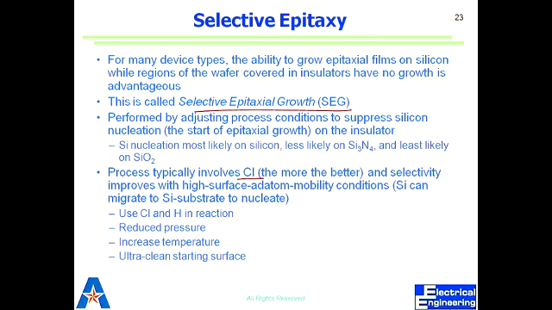Yes, you're right. So it's many things I haven't done myself. This gives us high selectivity, which is where we want the growth to happen only on silicon, not on the insulator. And they also act for diluting the constituents, diluting the reactant gases.